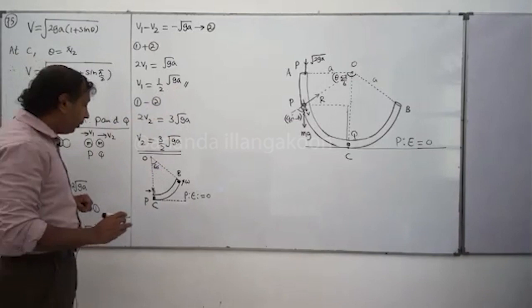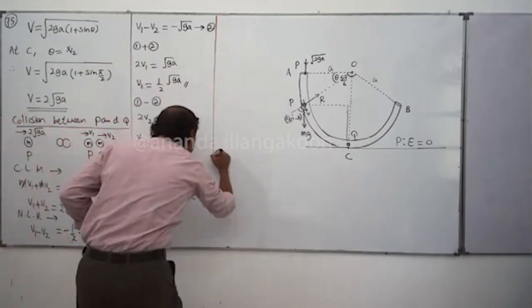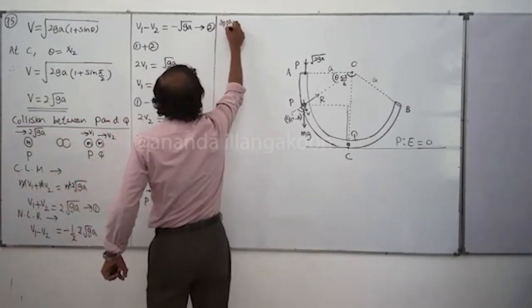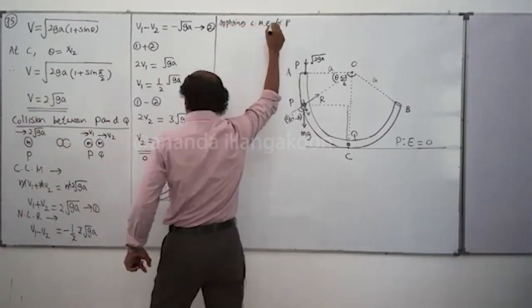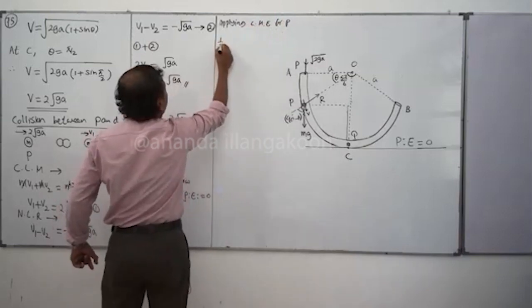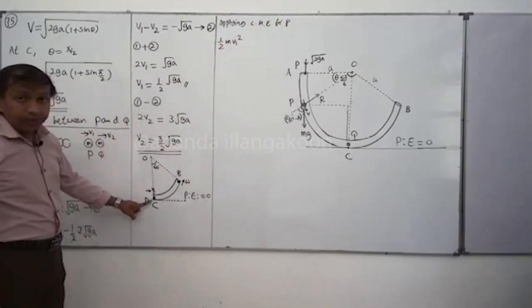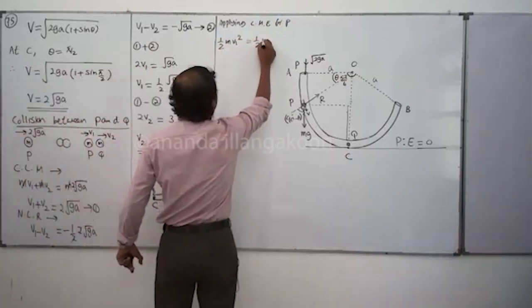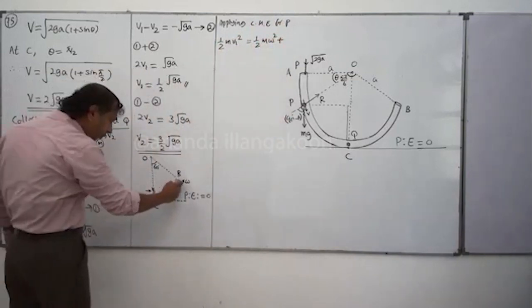Then applying conservation of mechanical energy for this P, we get half m V1 squared, where potential energy is 0, equal to half m W squared plus the potential energy, and this height we need.